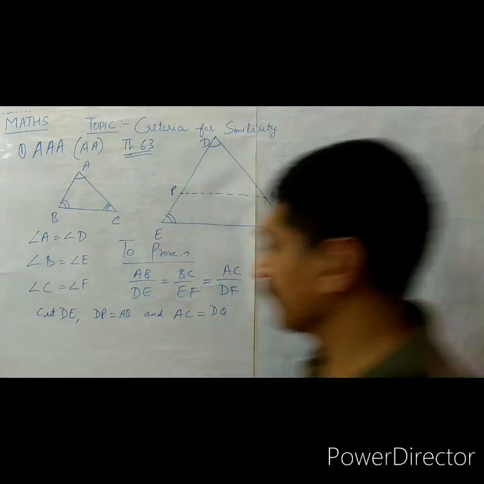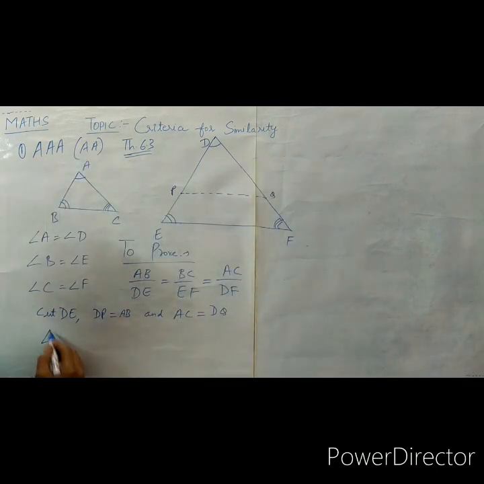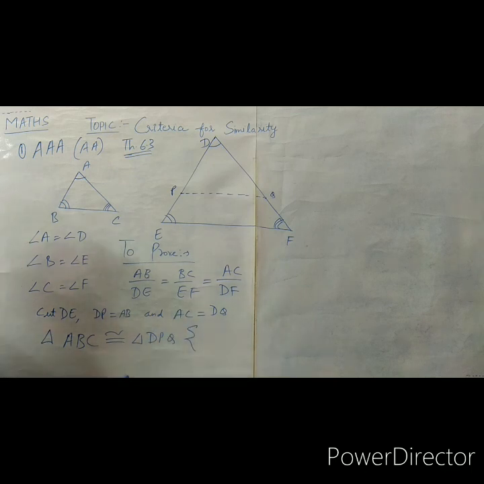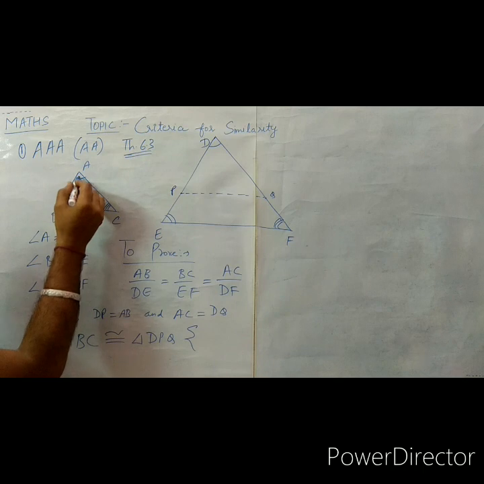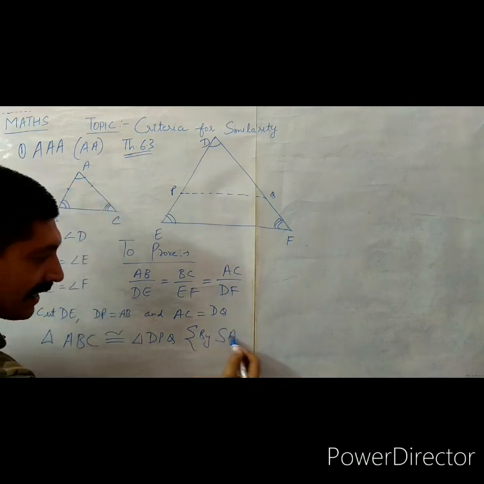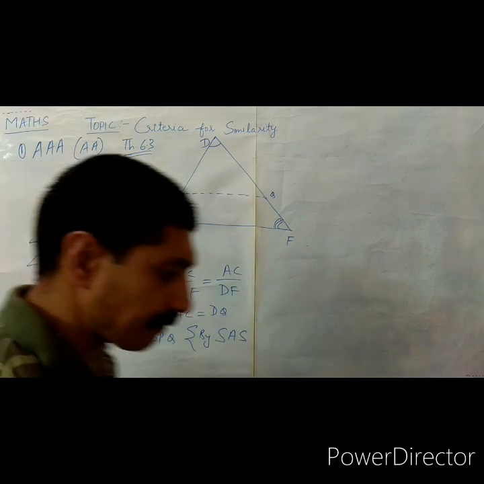So triangle ABC is congruent to triangle DPQ. What is the criteria for congruency? Side, angle, side rule of congruency.